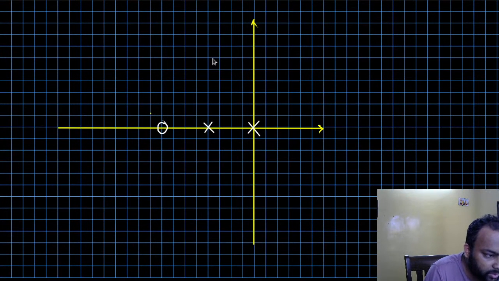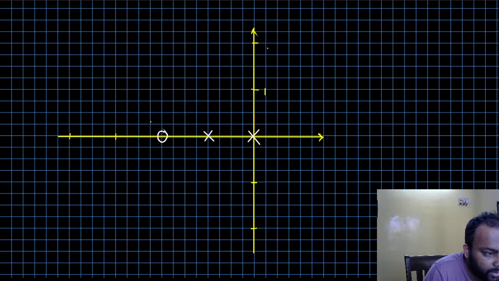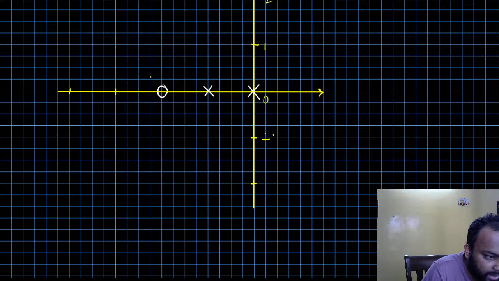Let's mark our axes properly. Here, this is going to be 1, this is 2, let's say this is 3, nothing is there yet, but let's say this is 4. And on the other side, 1, 2, then 0, then -1, -2.